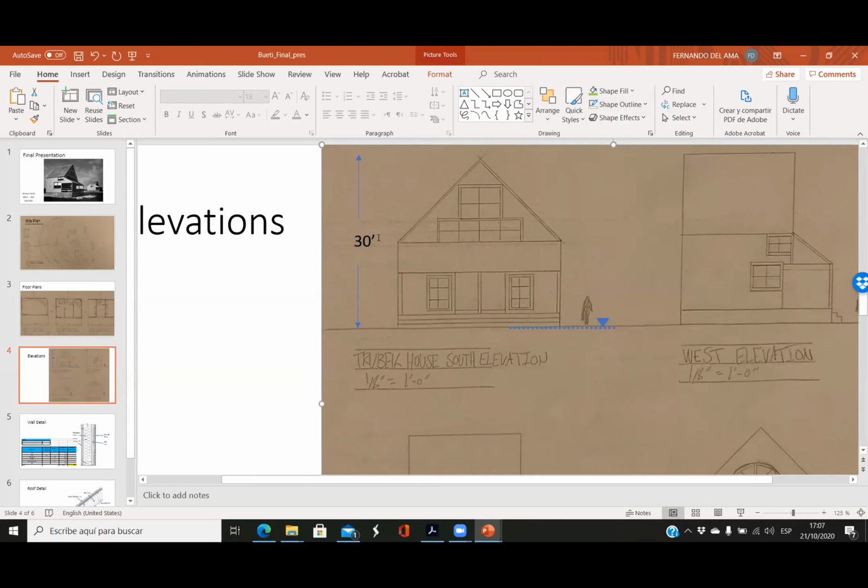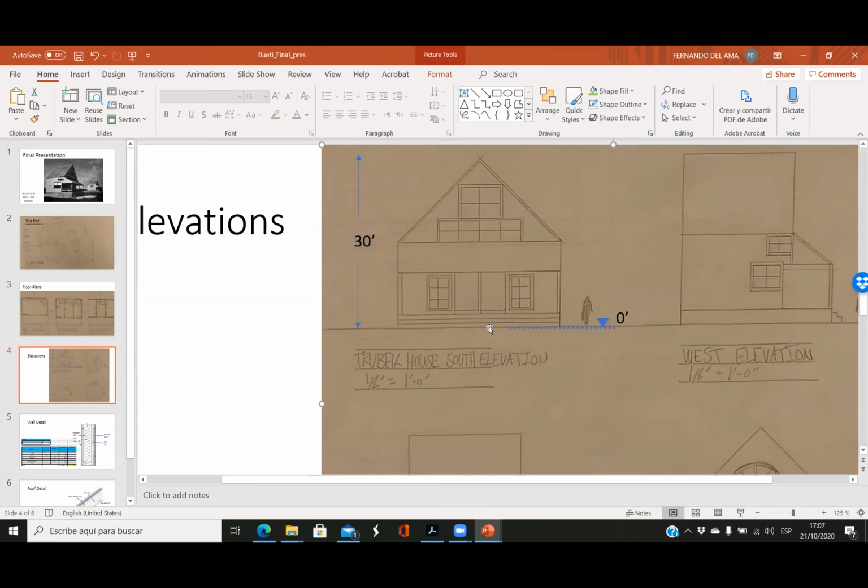So having levels is useful. For example, that would be level 0. Always the ground floor is level 0.